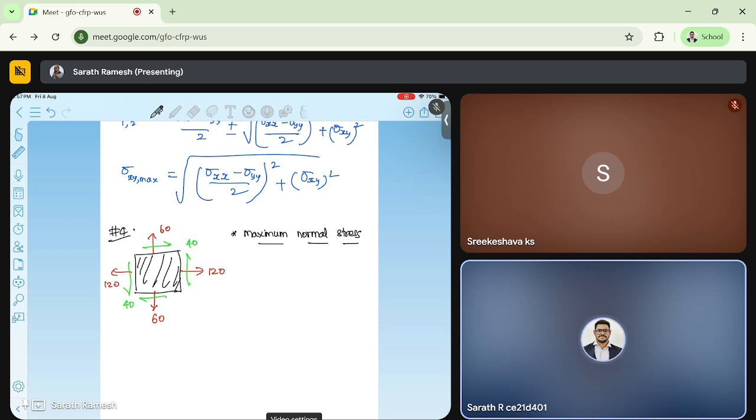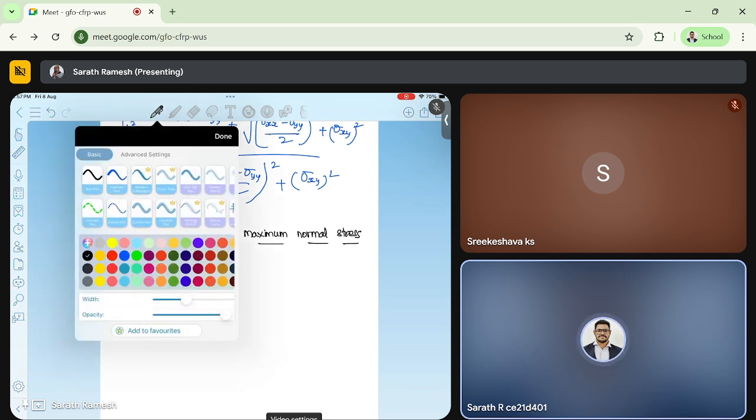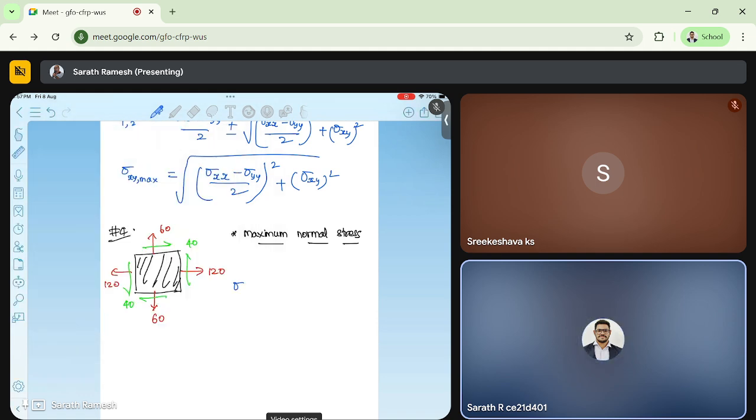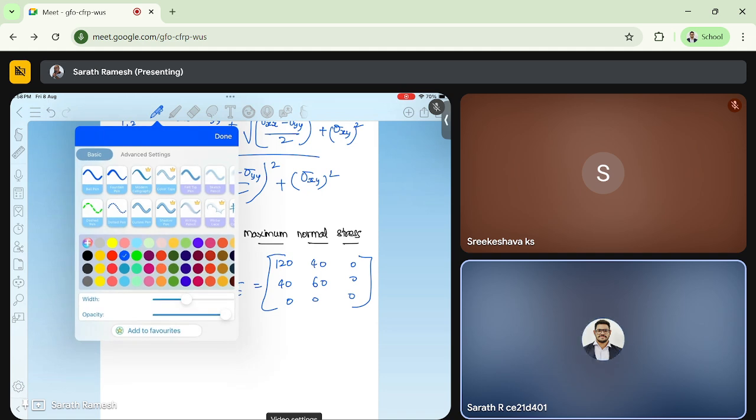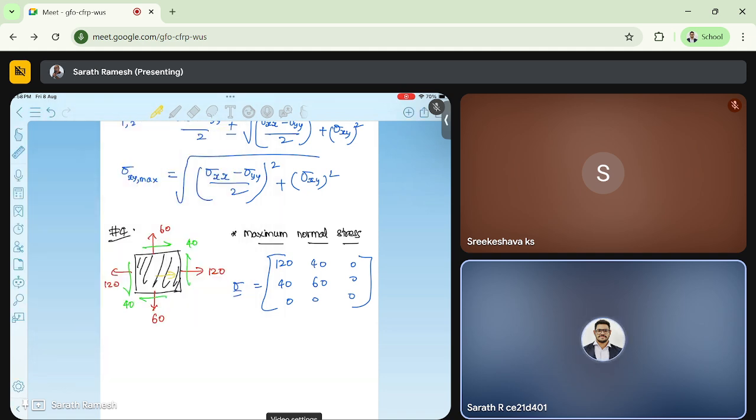It will be in some other plane, and we just saw, we can write this tensor in this form: 120, 40, 40, 60, and zeros. This is just a tensor. Now, this is the EX-EY basis, the standard one.